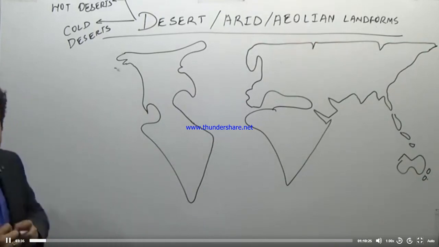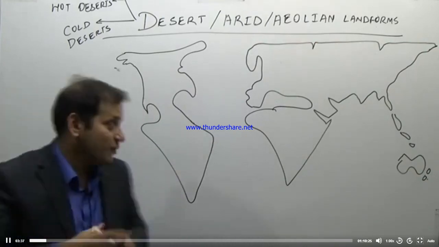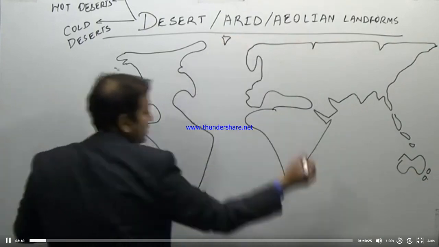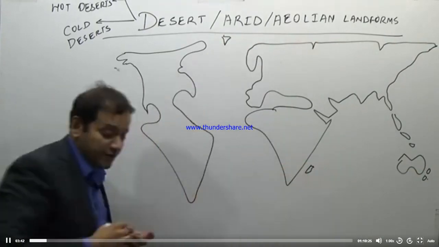If we consider this as a world map, then we will see that the deserts are located only at some specific latitudes.